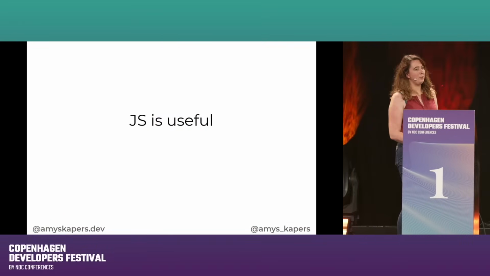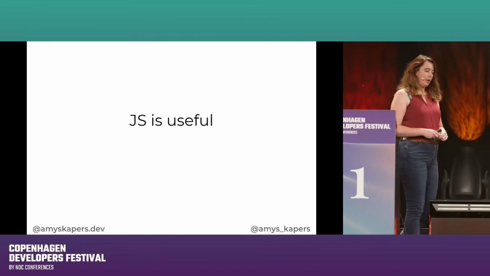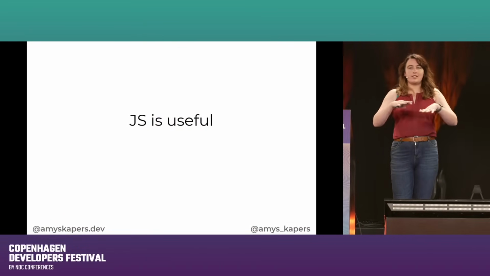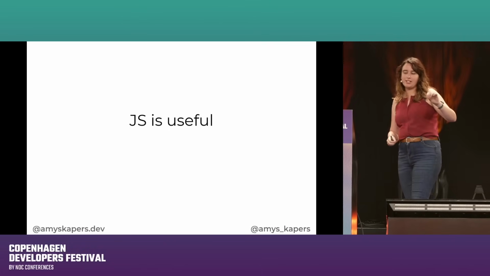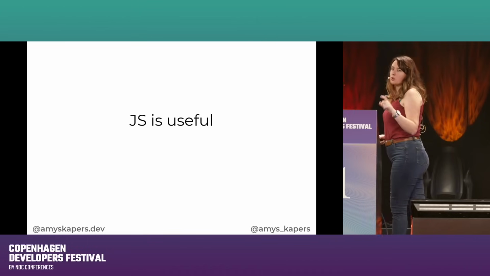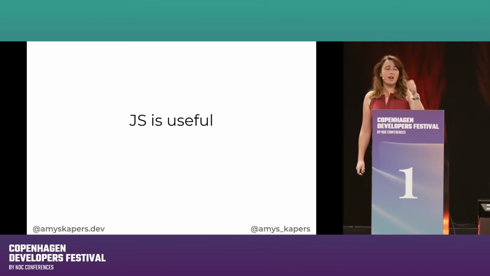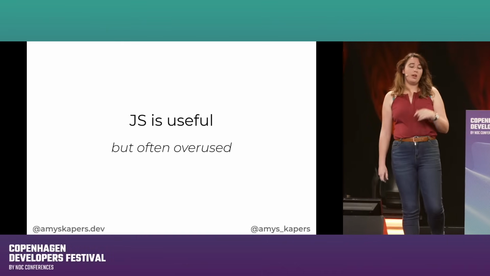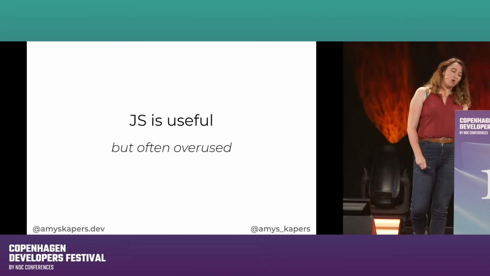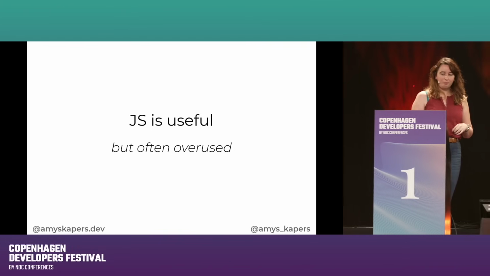Now, I want to start off. We're going to diss on JavaScript a little bit here today, in case you didn't work it out. But I want to start off by prefacing this, saying JavaScript is useful. JavaScript is a useful programming language, and it is a useful tool. But it's often overused.